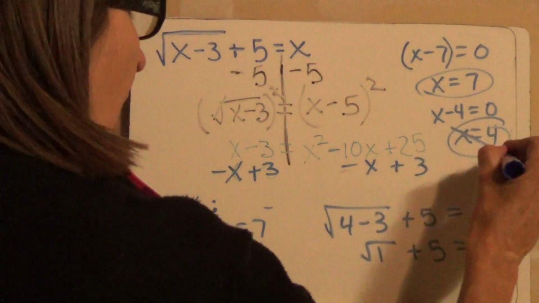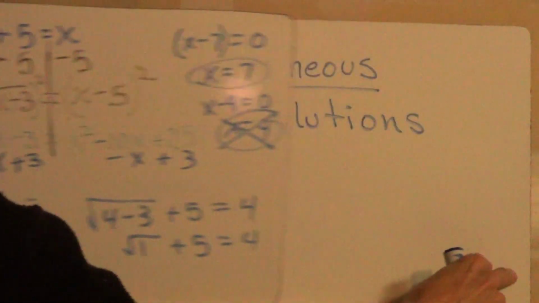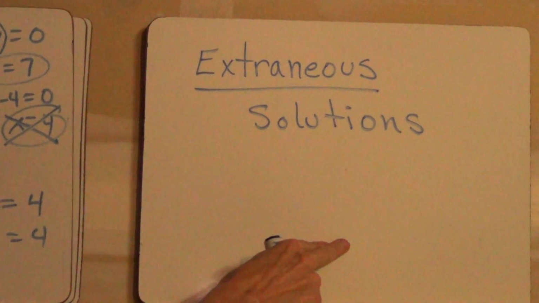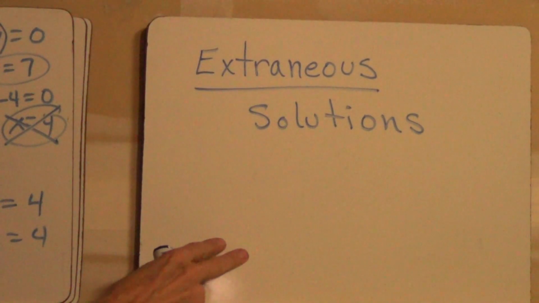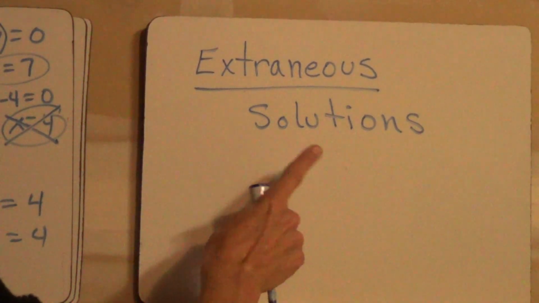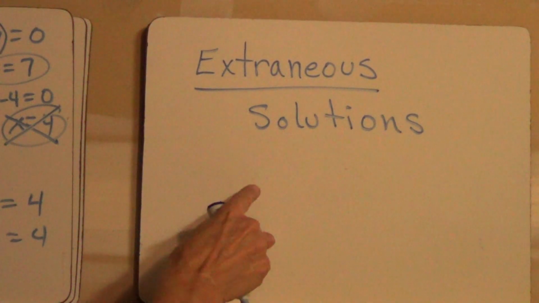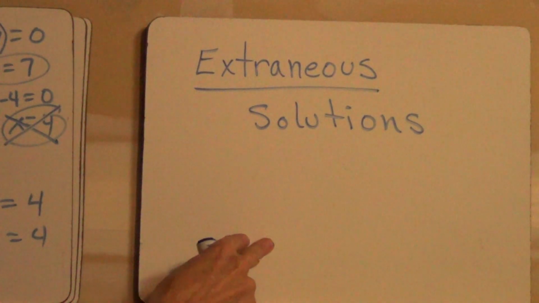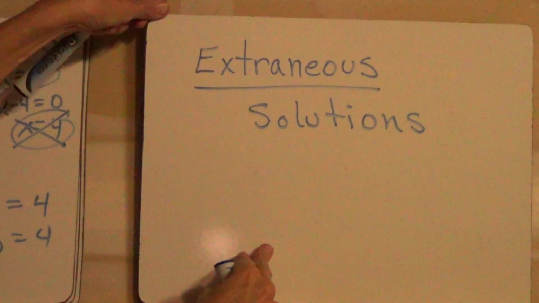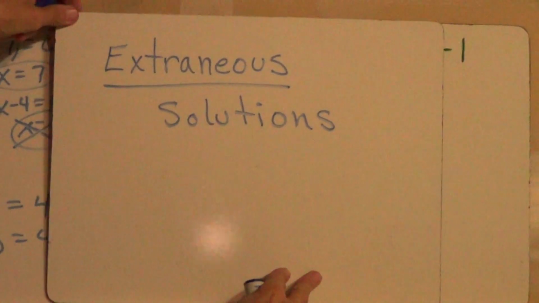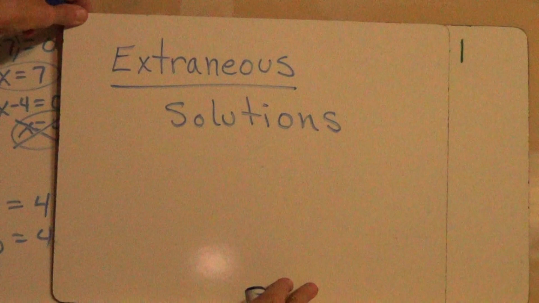No. We call that an extraneous solution. Now you are getting into problems where theoretically it might work mathematically, but it doesn't actually work out when you plug it back in. So you always have to check your answers to find where the extraneous lies and where it doesn't.